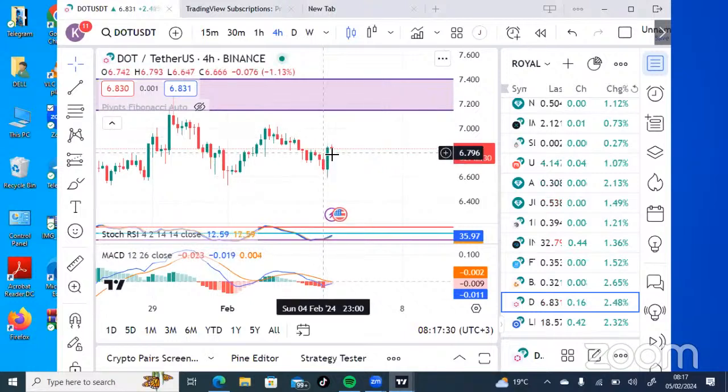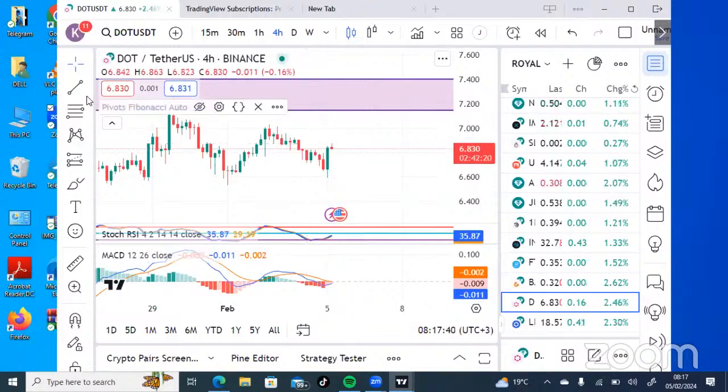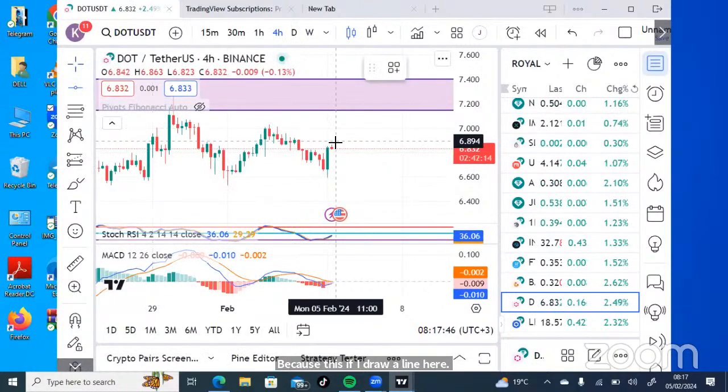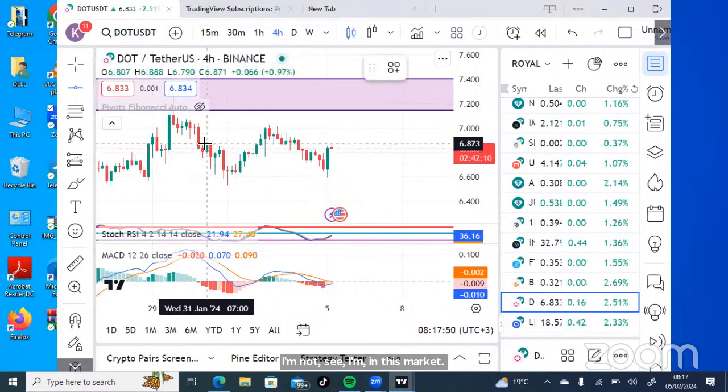So if I plan to make my exits at any high, I could take this. If this is the current price, there is a small resistance here or a small support.